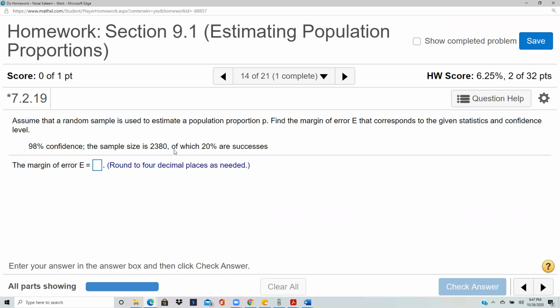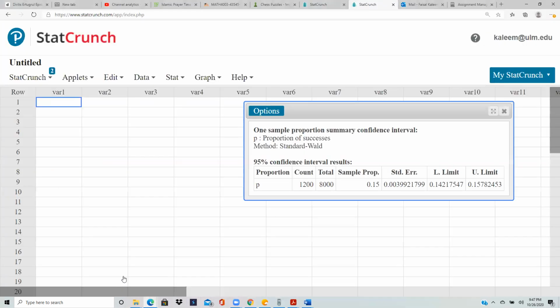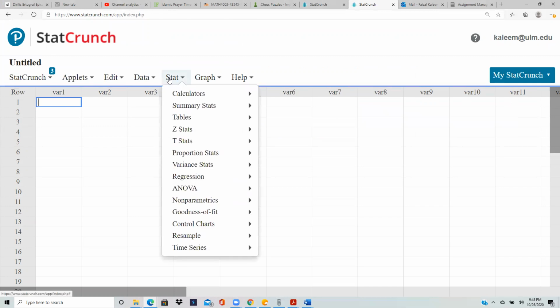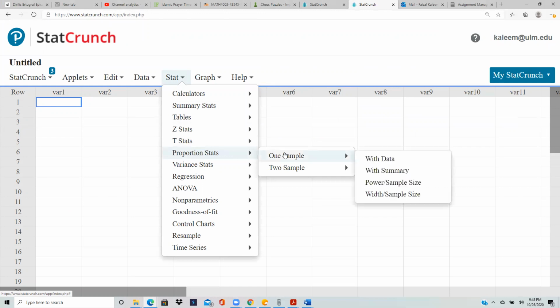So when you have to find margin of error, you would still do proportion stats. So let's start. So you would still do Stats, Proportion Stats, One Sample, but now you will not do with data or with summary, you will do the with sample size.